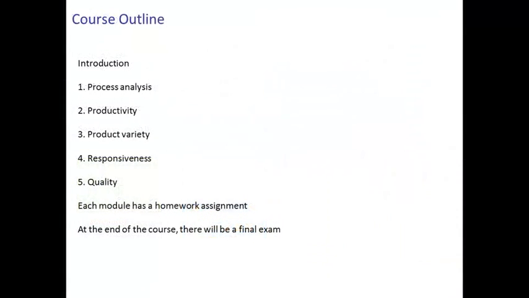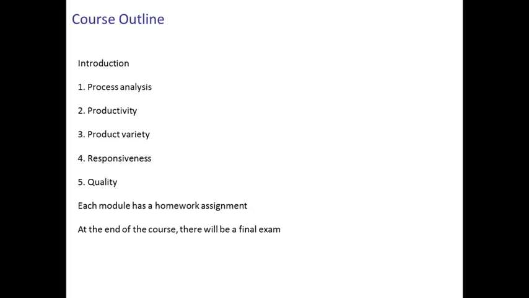After these introduction sessions, there are going to be 5 modules in this course. The first module is probably the hardest one, and the one that will keep you busy most likely closer to 2 weeks rather than 1 week. That's a module on process analysis. And then we have 4 modules mirroring the 4 dimensions of operational performance that we talked about in the introduction.